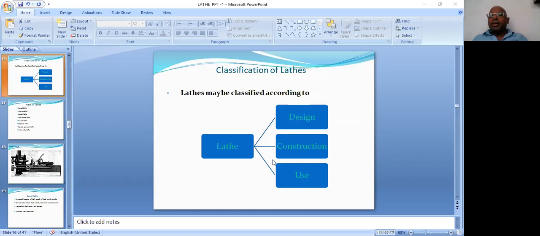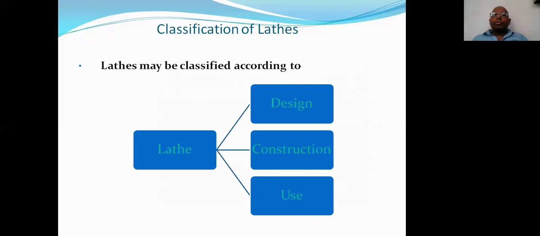So all these are the classification of lathe machines based on these three criteria: either based on the design, or the construction, or the use. Based on these three classifications, lathe machines have different types.